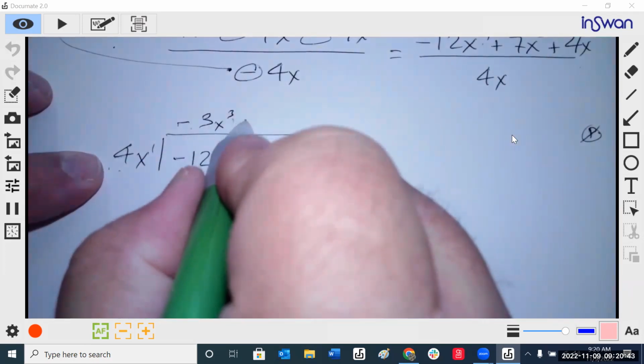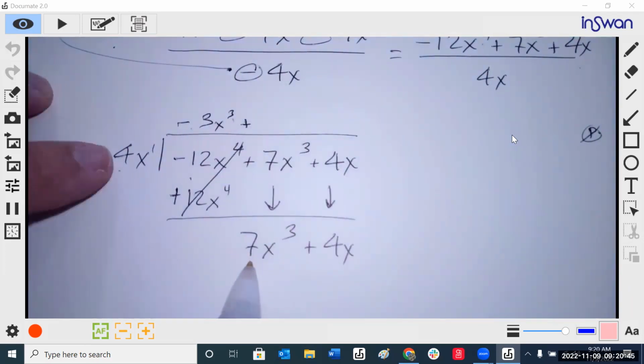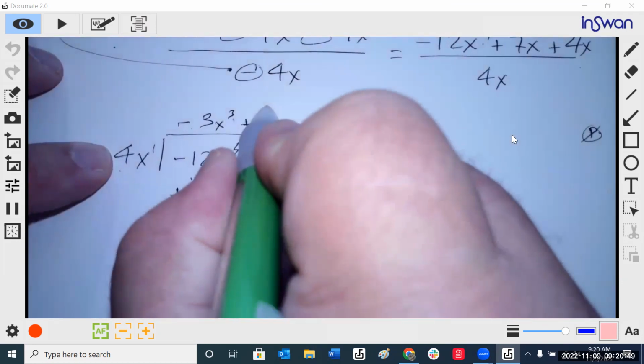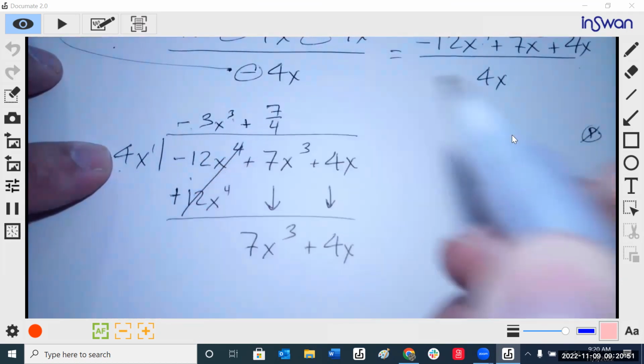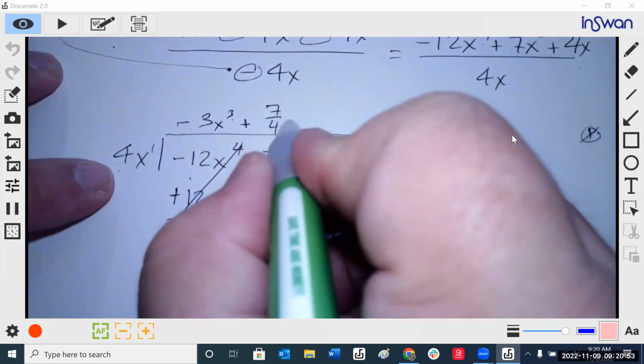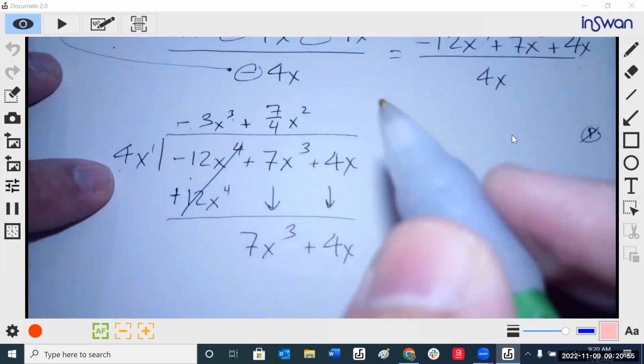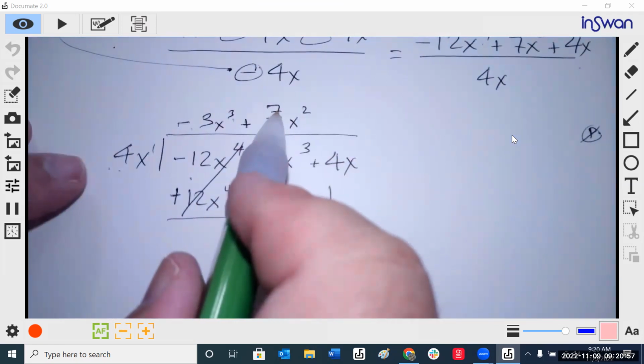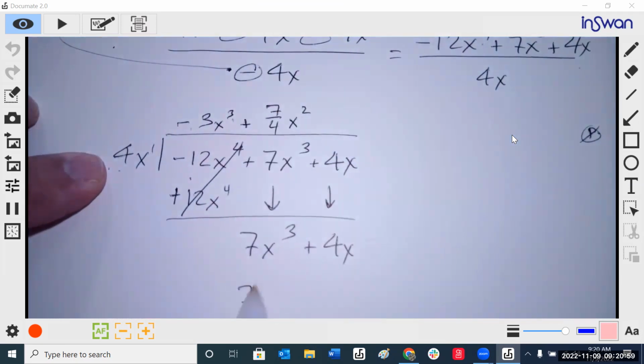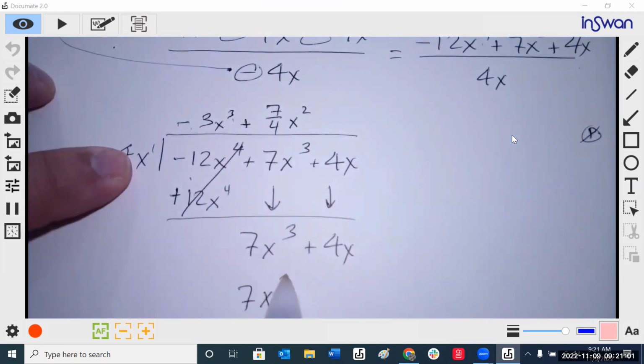Positive and positive is a positive. What times 4 gives me 7? 7 over 4. Oh, very good. How many more x's do we need? 7 over 4 times 4 is 7. 2 plus 1 is 3. Change the signs and add.